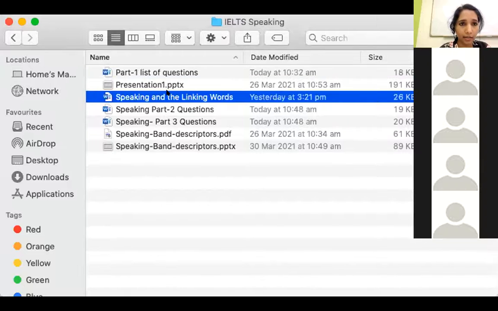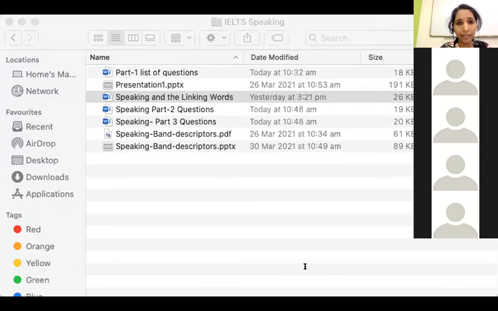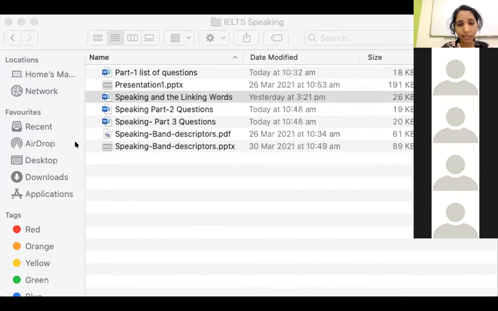All right. So a few linking words. I shared this with you guys yesterday. Did you go through this? While you're expressing your ideas, or you're giving a cause and solution, you could use these words. If you're giving an example, you always use these.